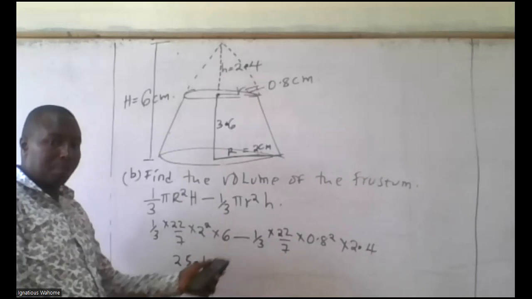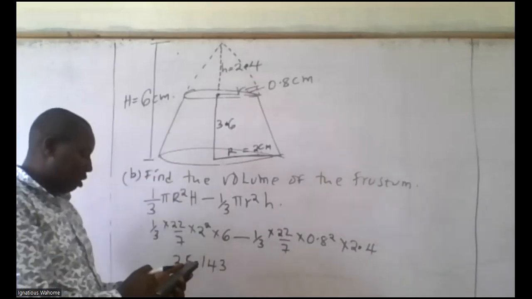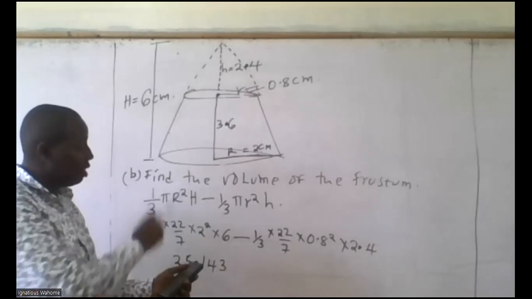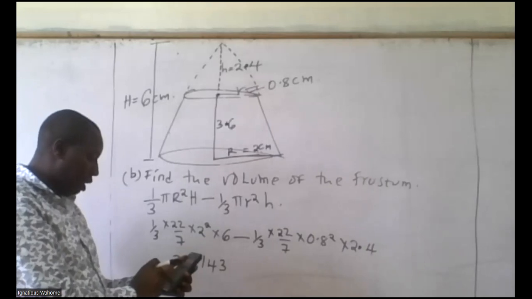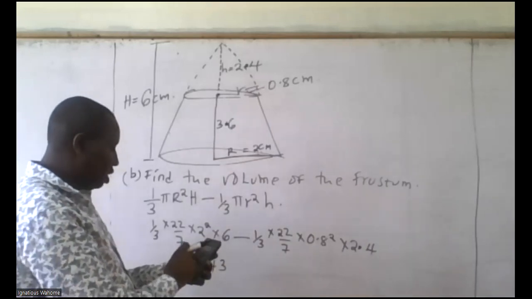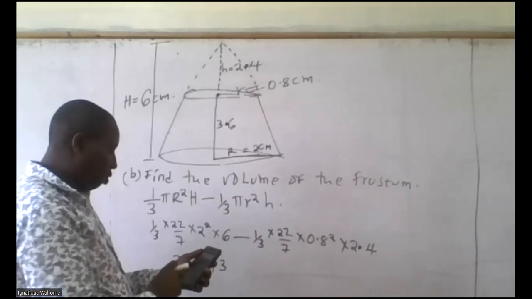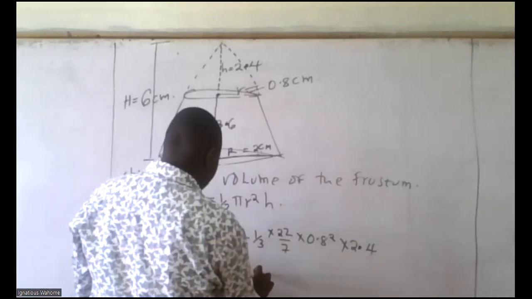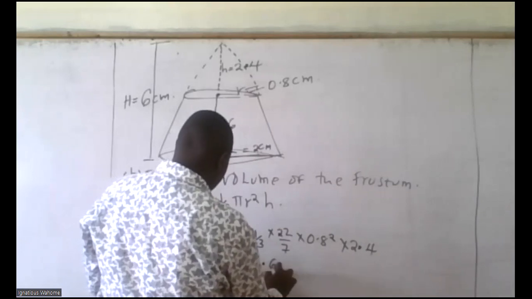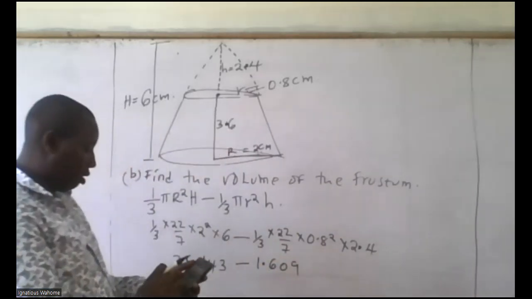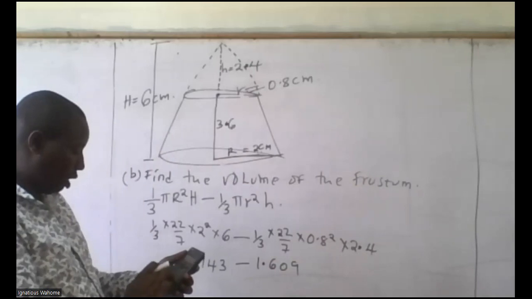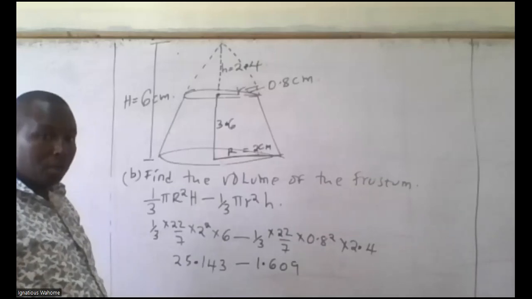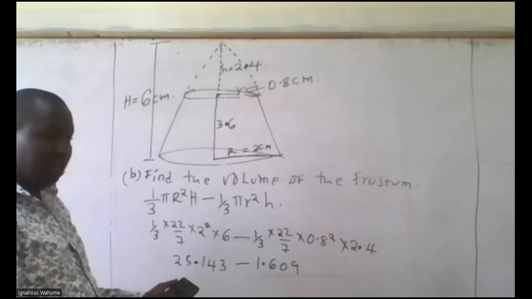Then the second part, the smaller cone: a third times 22/7 times 0.8 squared times 2.4 gives 1.609. Confirmed again, 1.609.